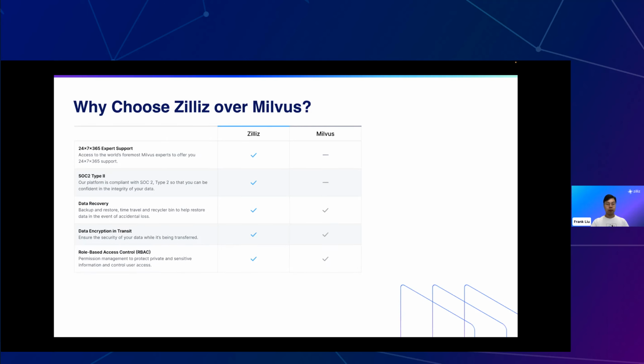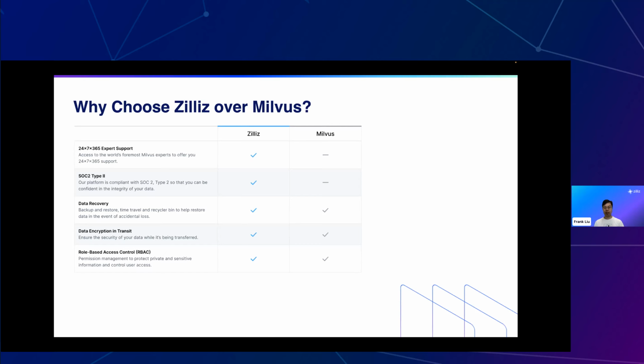All right. So we also have, in terms of support, in terms of service, year-round expert support. So if you reach out to us, we'll get you a response very quickly. We're also SOC 2 Type 2 certified, so you can use Zilliz Cloud with confidence, and you can be confident that your data is there and that the integrity is always preserved as well.